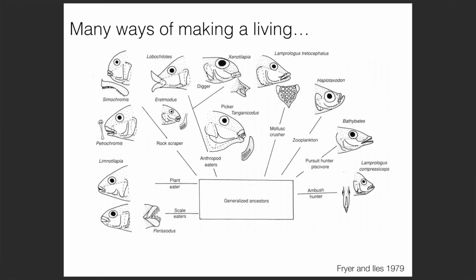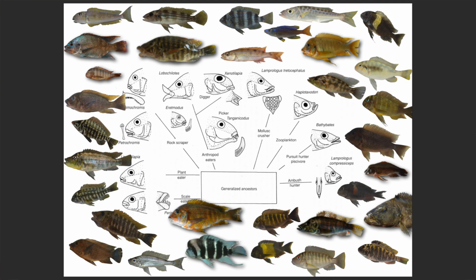So these are what we call piscivores. You can also see that these fish are exceptionally diverse in color and in body shape and size.